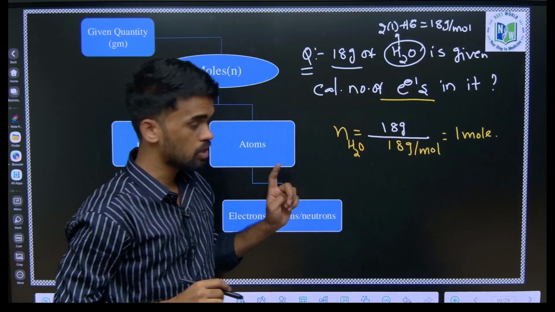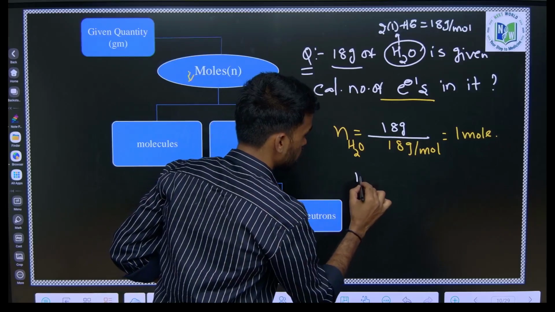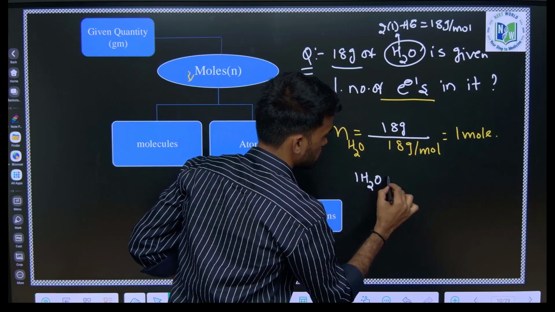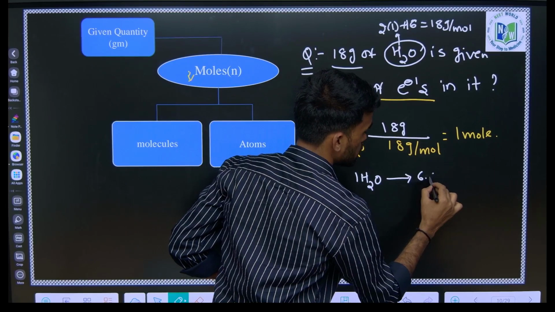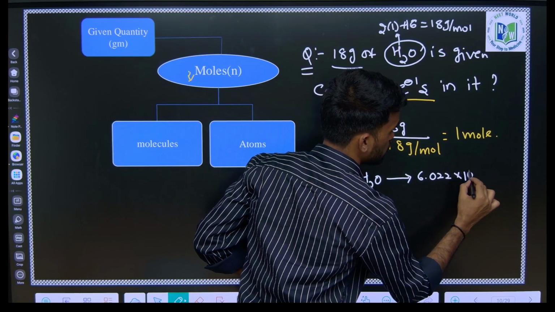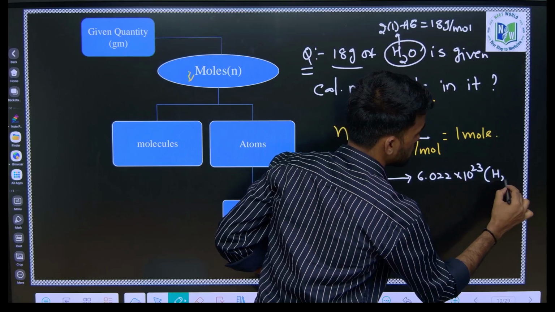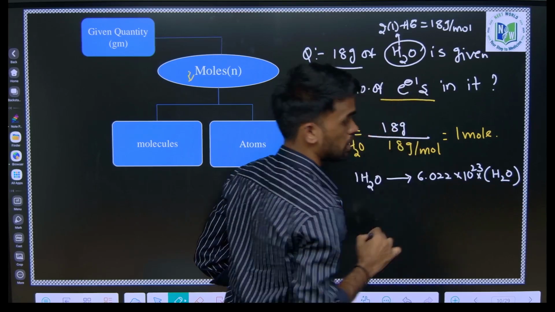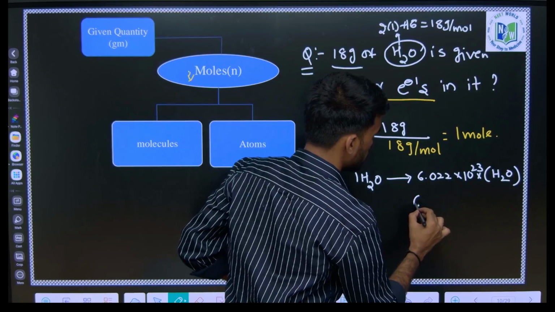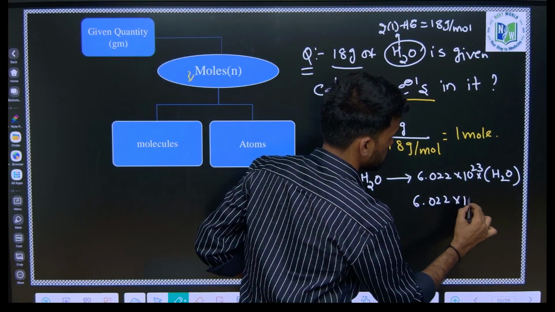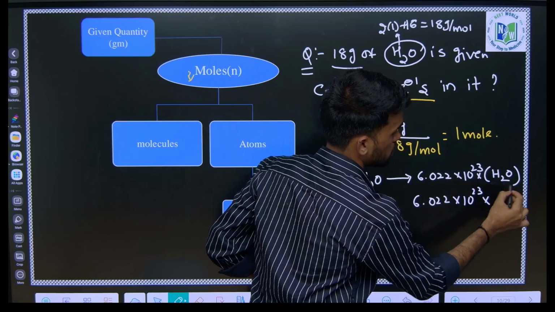Now in 1 mole of water we have 6.022 into 10 power 23 H2O molecules. In 1 molecule, how many electrons do we have?